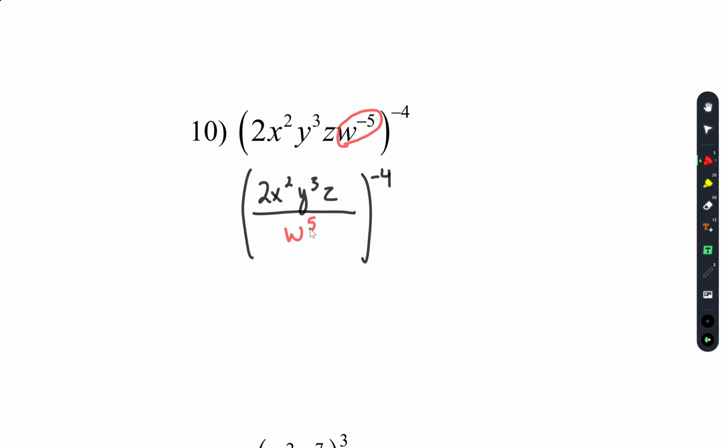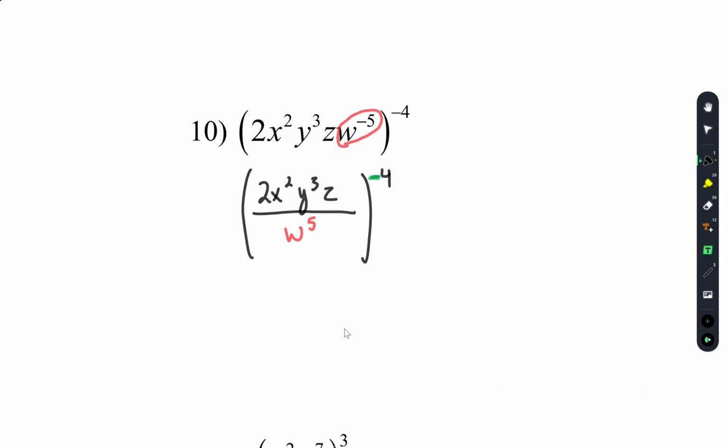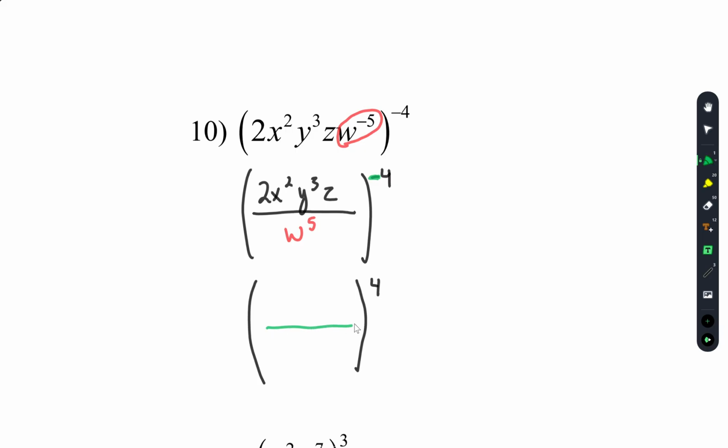Okay. Now it's going to be a little sassy again because we've got this guy. So if you have a negative outside of a fraction, okay, what you're going to do to make it positive is reciprocal. Yeah, you're going to flip.